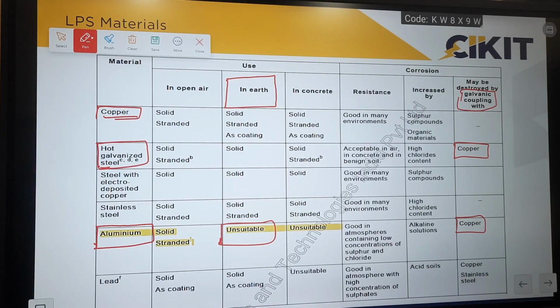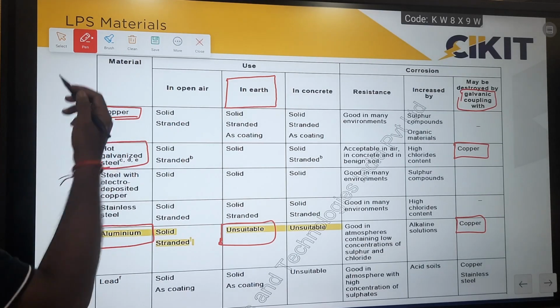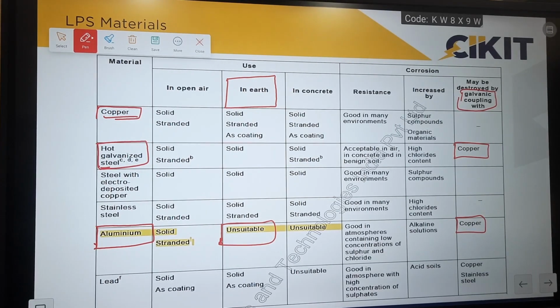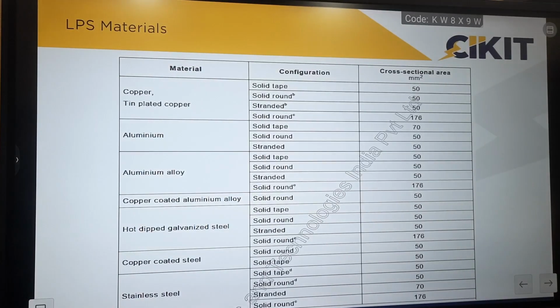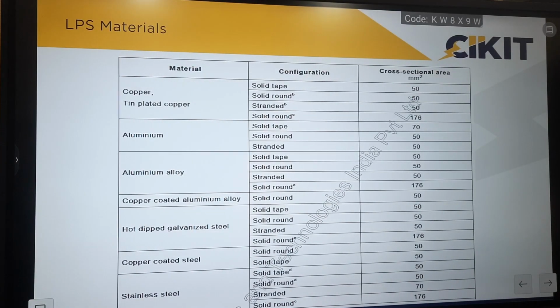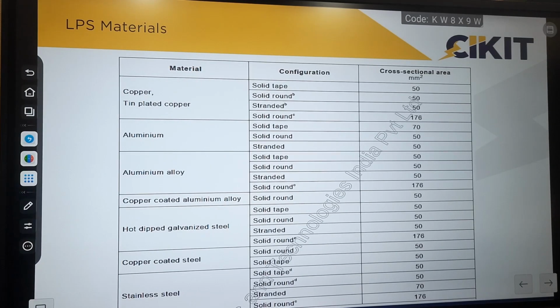If you take copper as an example, copper can be used in solid form or stranded form. In solid form itself, it can be used in strip form as well as rod form. So these are the different materials recommended by the standard for the LPS components. In this table they have explained the minimum cross sectional area for use as an air terminal and down conductor.